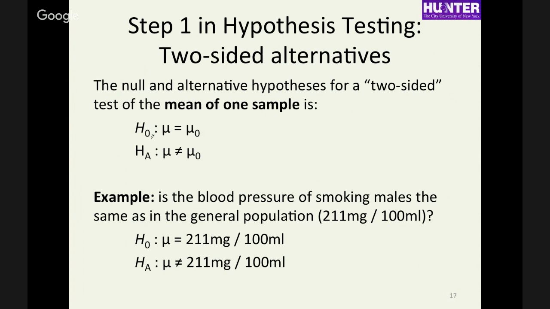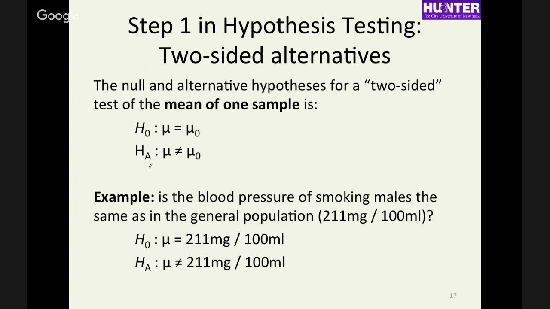What follows this is my null hypothesis, that the mean of the population from which we're sampling is equal to mu naught, a hypothesized mean. And the alternative in the two-sided case would be that the mean is not equal. So it might be greater, it might be less.